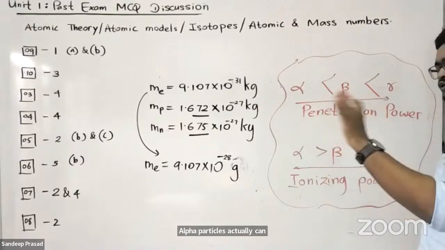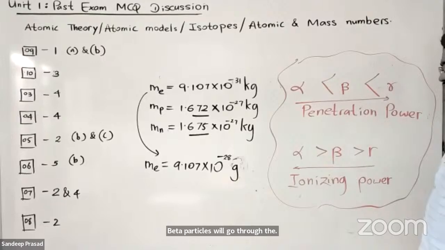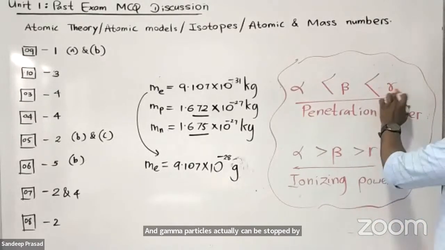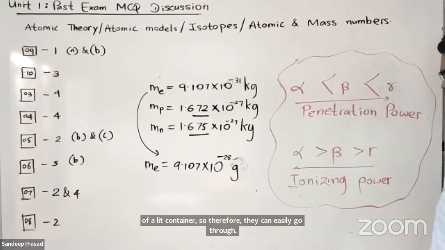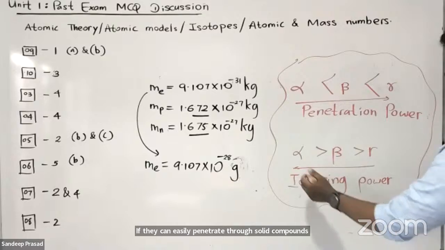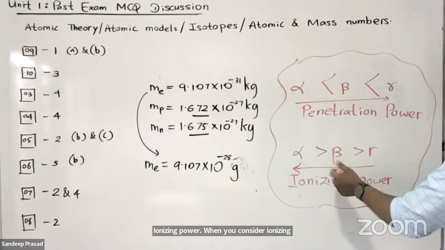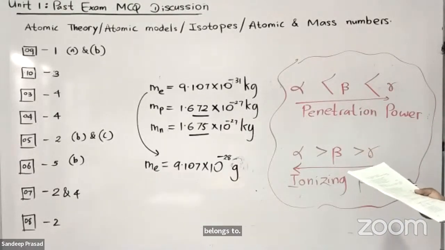Beta particles will go through thin foils, right? And gamma particles can be stopped only by a lead container. So they can easily penetrate through solid compounds. Ionizing power is greatest in alpha particles, then beta particles, and the least belongs to gamma.